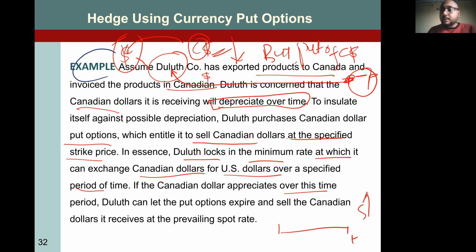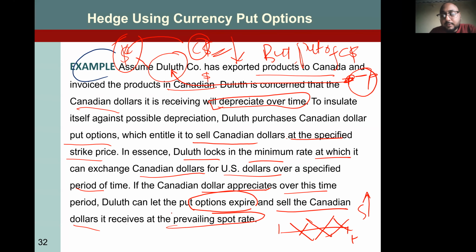If the spot price is higher, Duluth will let the option expire and sell in the market to get a higher value. So if the Canadian dollar appreciates over time, Duluth can let the option expire and sell the Canadian dollars it received at the prevailing spot rate in the market.